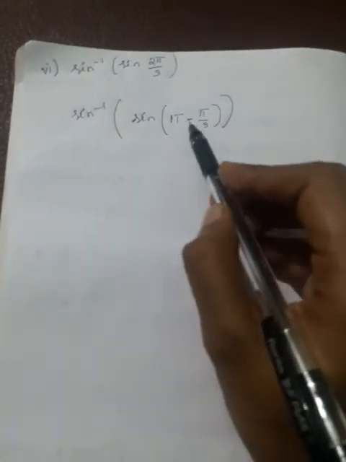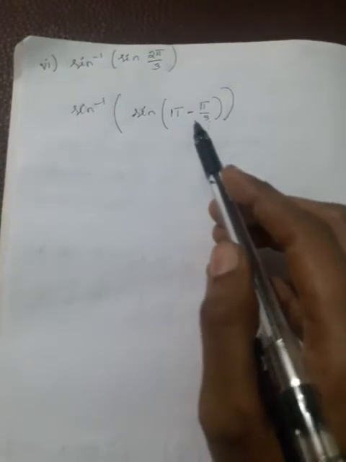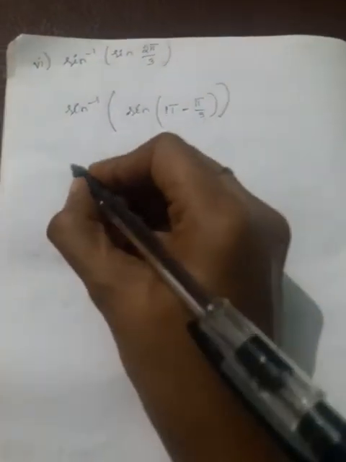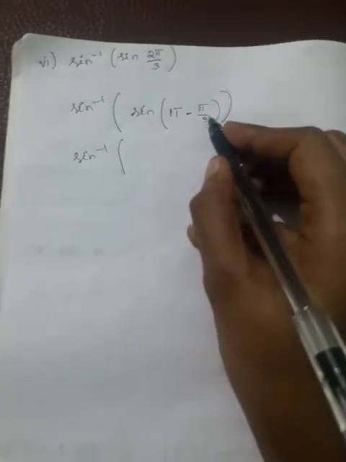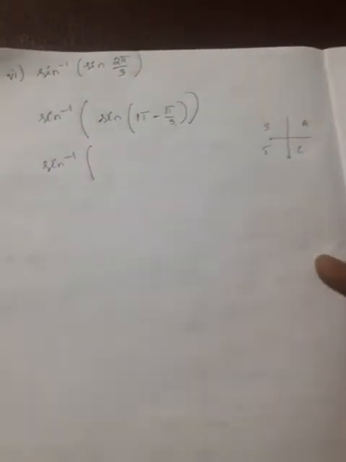Understood. 2 pi by 3 can be written as pi minus pi by 3. Sine of 2 pi by 3 can be written as sine of pi minus pi by 3. We know that sine of 180 minus theta is equal to sine theta, because this lies in the second quadrant, that is All Students Take Coffee.